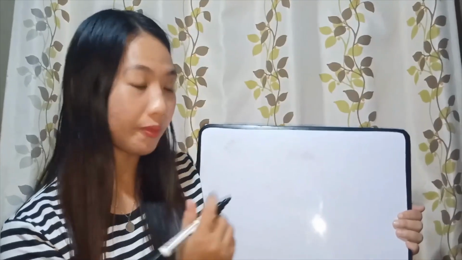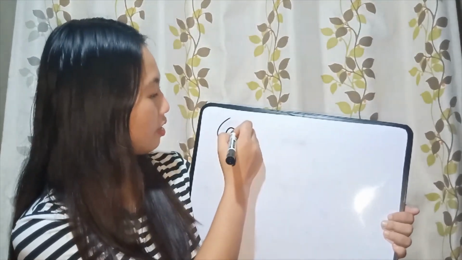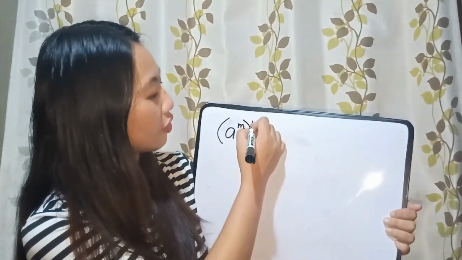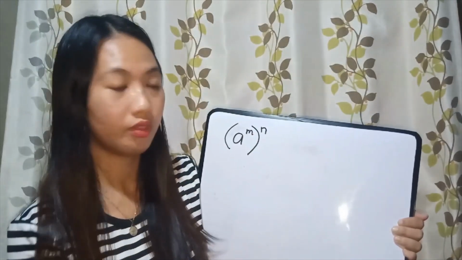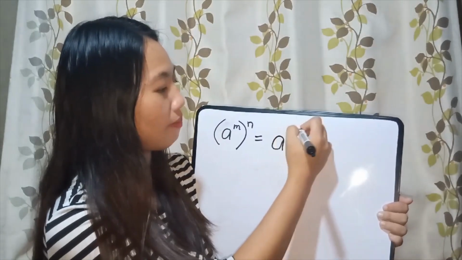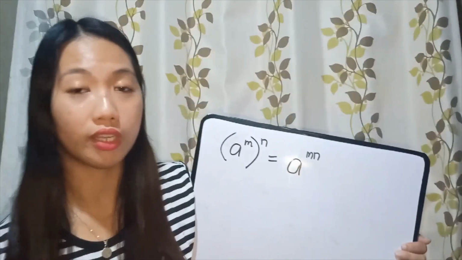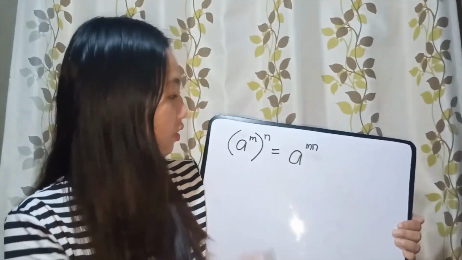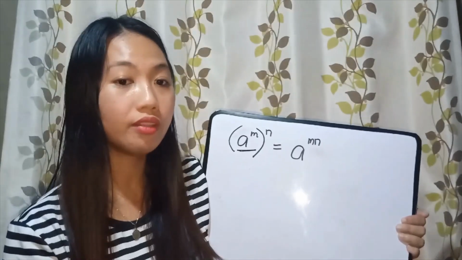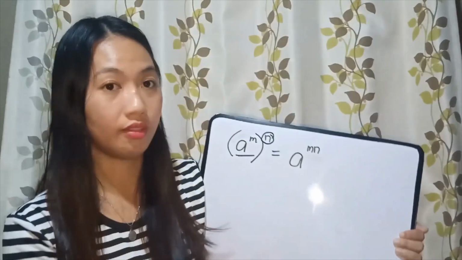Okay, so in the power of a power, we use this symbol. We have a raised to m, raised to n. And to simplify, this is the same as a raised to m times n. As you can see, it shows an expression grouped inside the parentheses, and this whole group is raised to n.